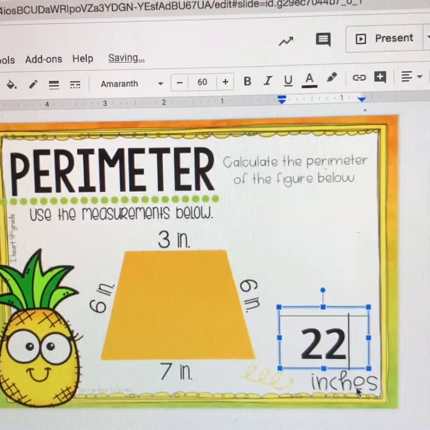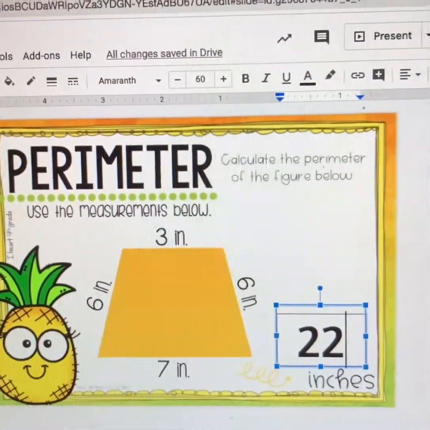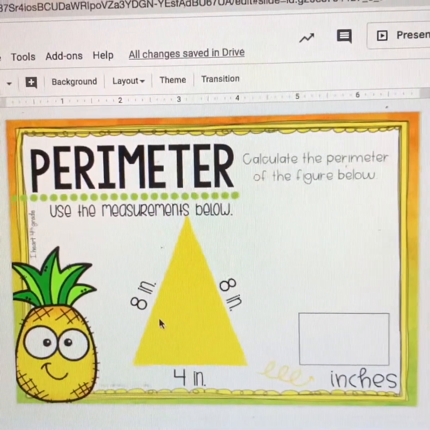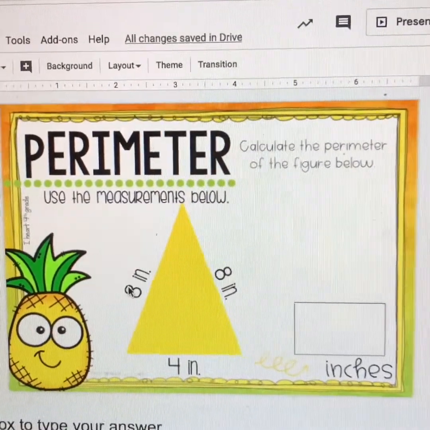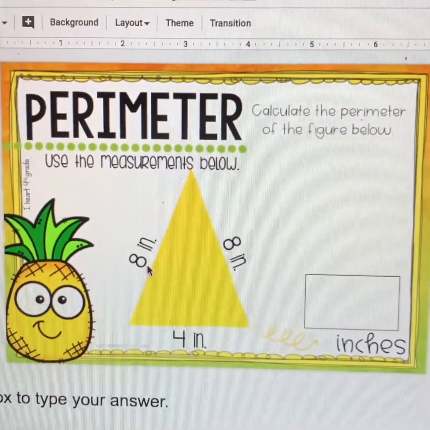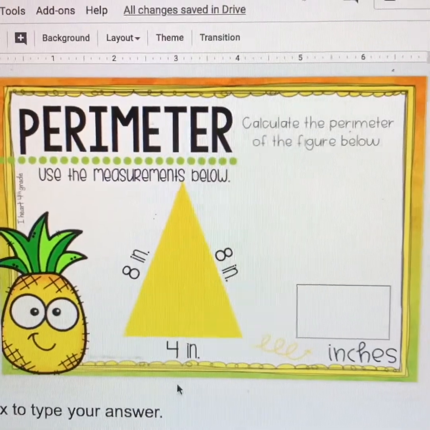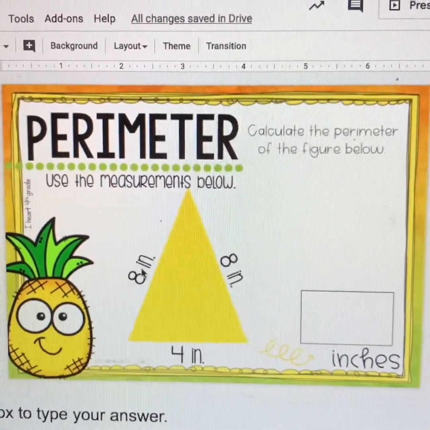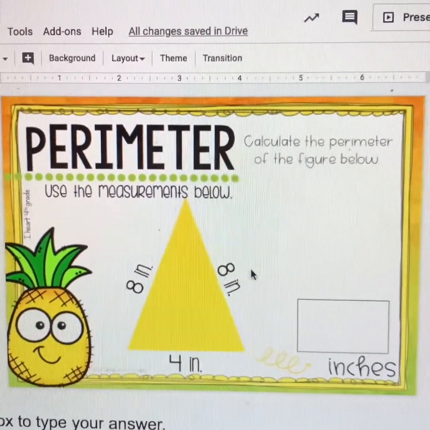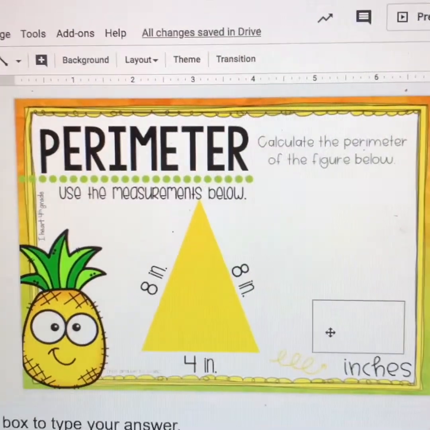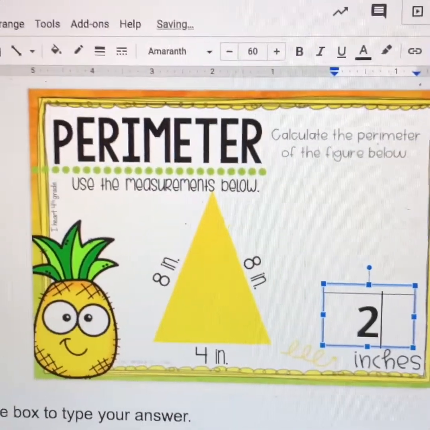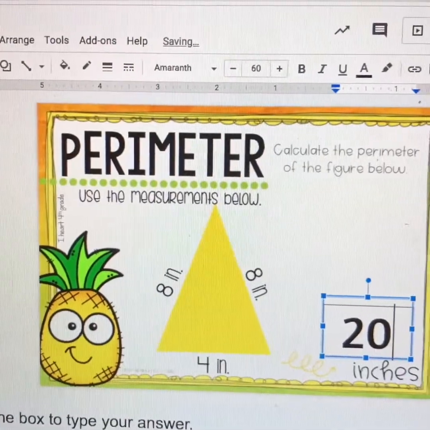And I don't need to write inches again because inches is provided there for me. All right, another triangle. This is 8 by 8 by 4, so I need to add those numbers together. I know that 8 plus 8 is 16. 16 plus 4 is 20. Pretty easy so far, huh?